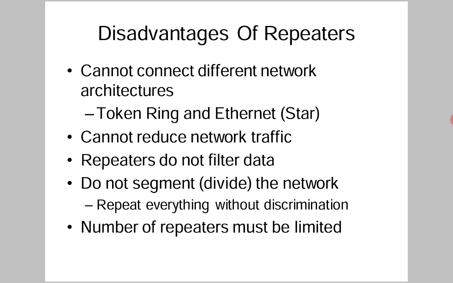Repeaters do not filter data. They do not segment or divide the network. They repeat everything without discrimination. The number of repeaters must be limited, meaning usage of repeaters should be kept to a small number.